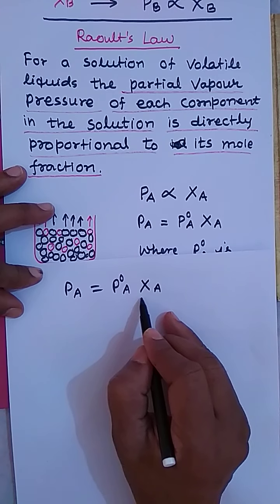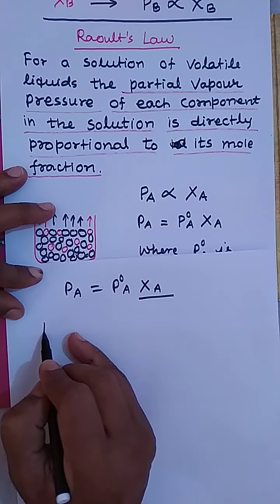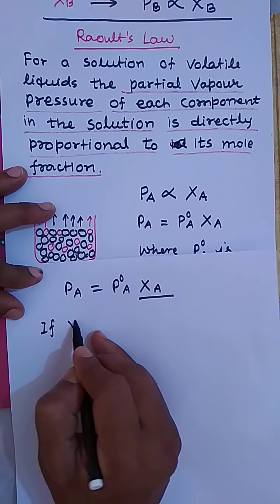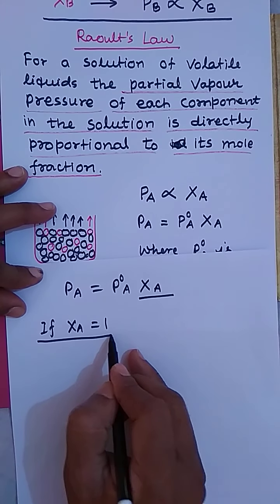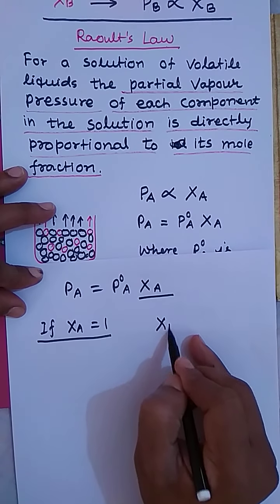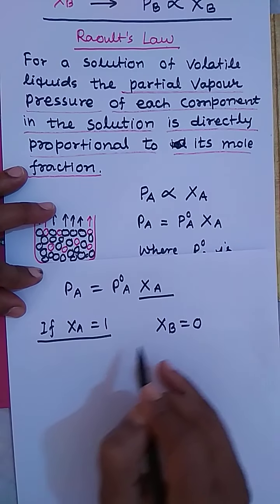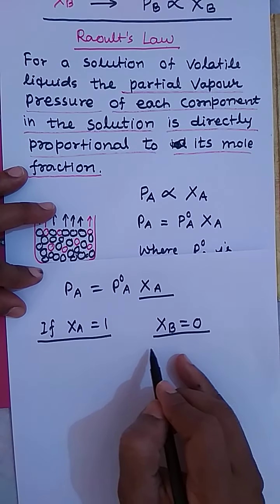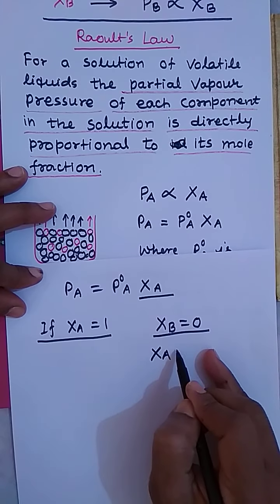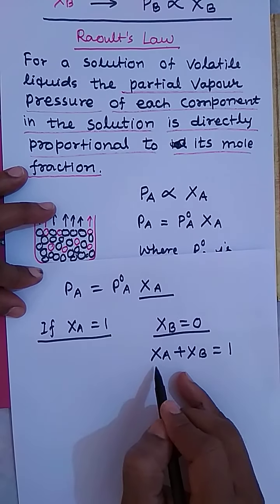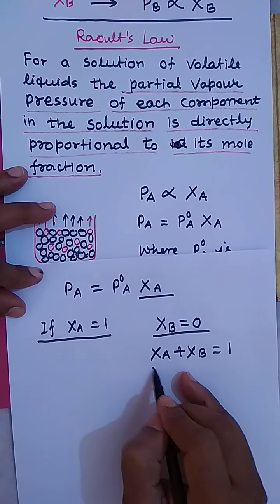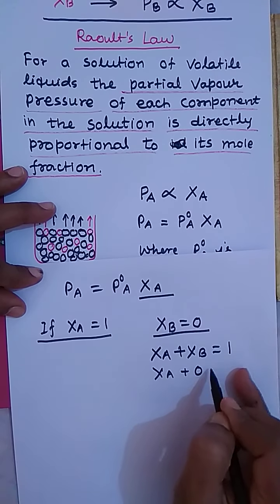So what about XA? If XA equals 1, what is the situation where XB is equal to 0? Only then is it possible. As you know, XA plus XB is equal to 1, and XA equals 1 if XB equals 0.